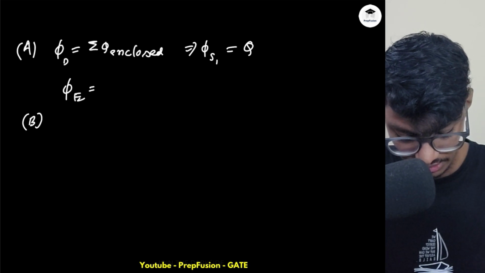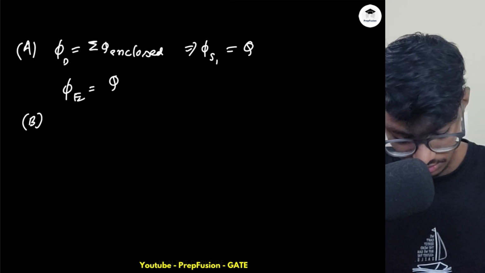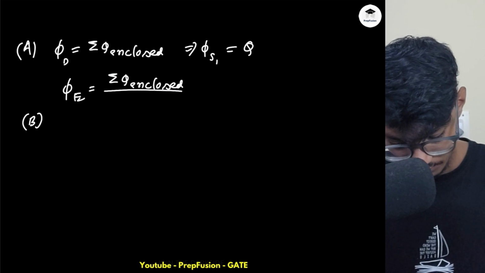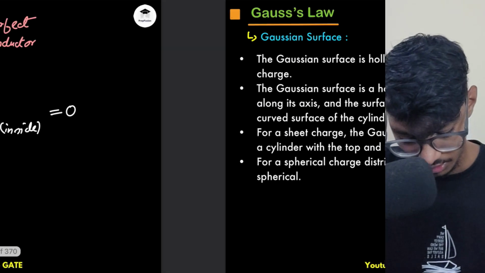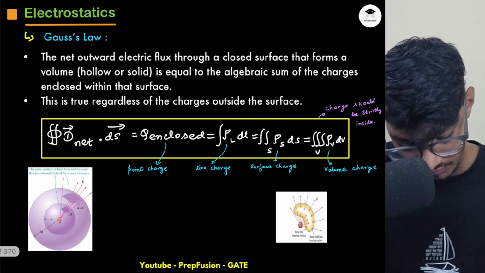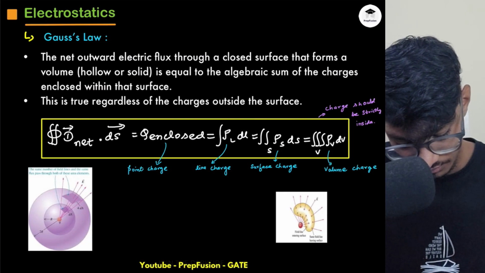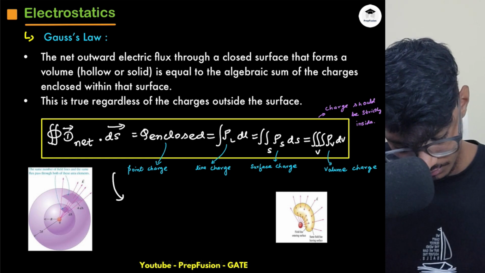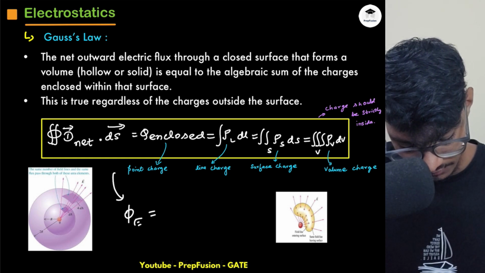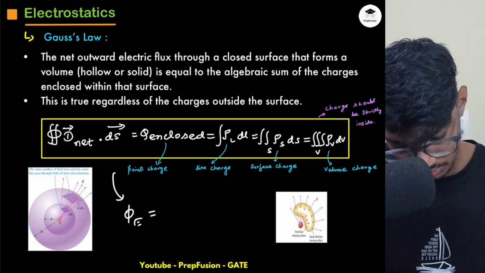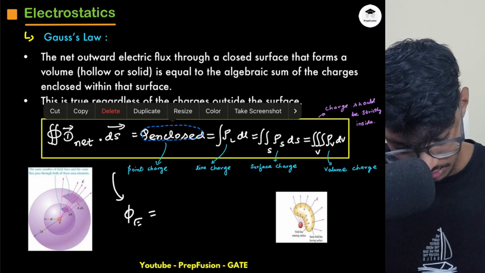This is the other definition, that is Q enclosed divided by epsilon. Actually I forgot to write that at the time. If I want to define it in terms of electric field intensity, electric flux can also be defined as Q enclosed by epsilon.